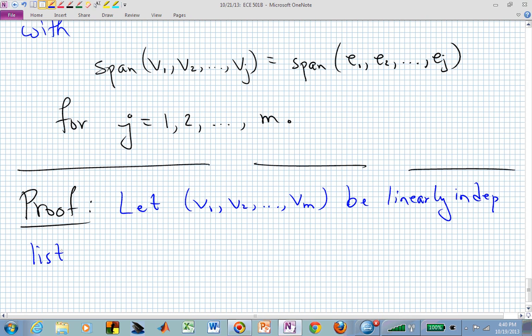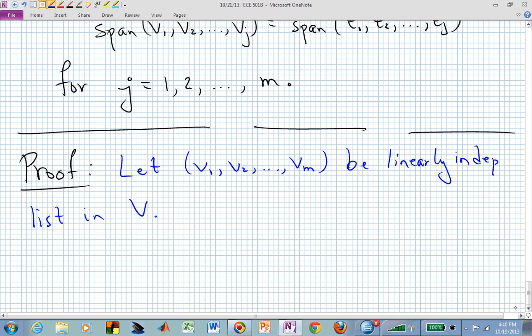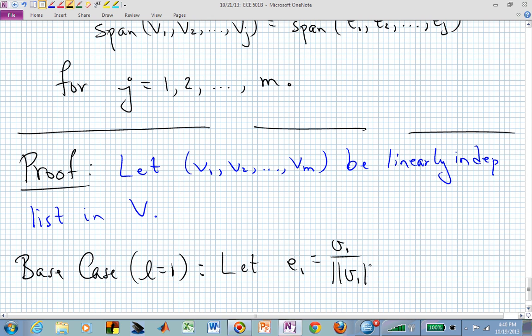So let v1, v2 through v sub m be a linearly independent list in our vector space capital V. We can then say, okay, the base case, which is, let's say, little l equal to 1, we can now let E1 equal V1 over the norm of V1.